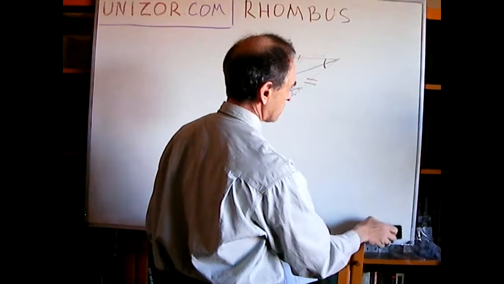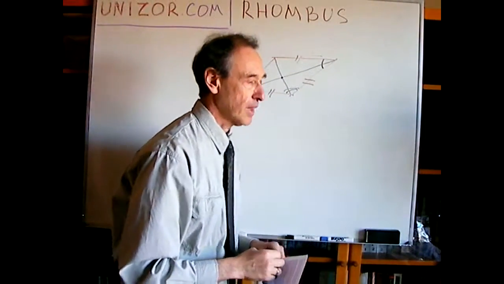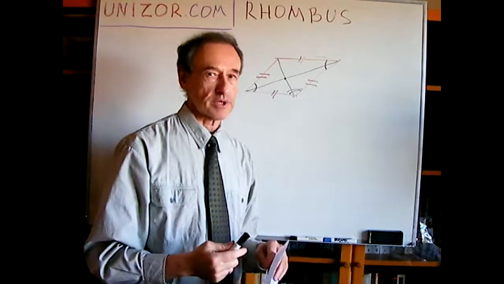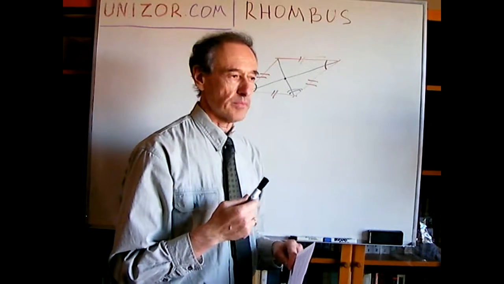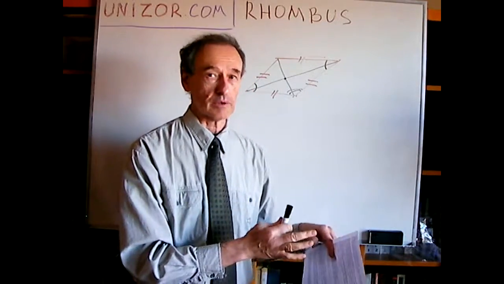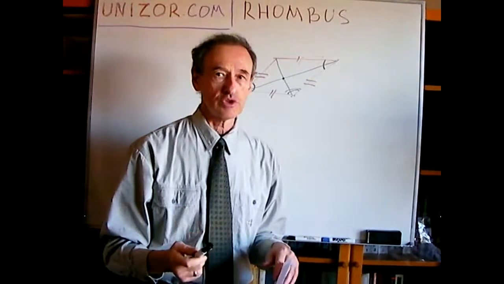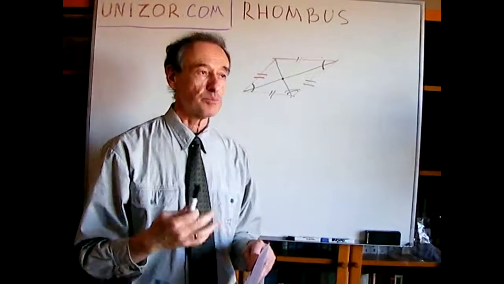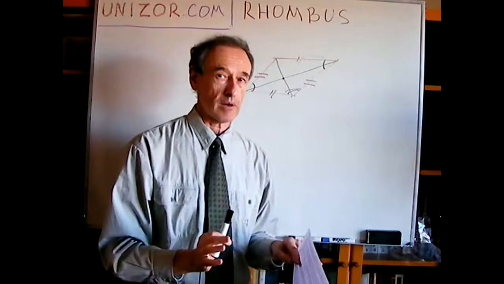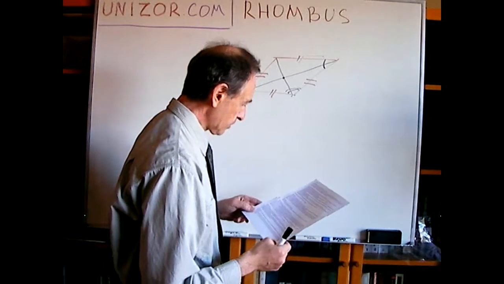I just mentioned it as a repetition because rhombus is a kind of parallelogram. But now, since we have some additional property with rhombus, which is different from general parallelograms, namely, all four sides are congruent to each other, we have certain additional properties of the rhombus which are not applicable to general parallelograms. And here they are. I have a couple of theorems here.